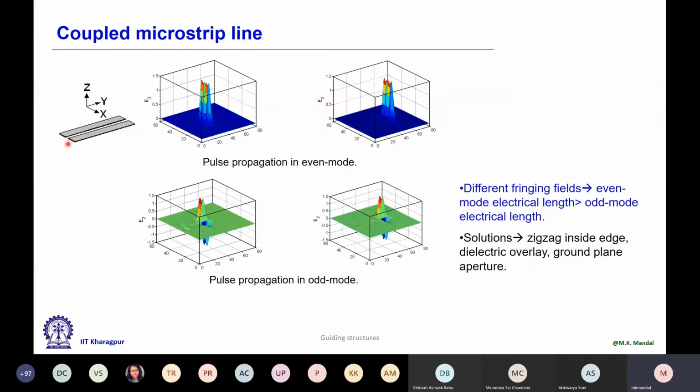At t equal to 0, the Gaussian pulse peaks here at the RF source end, and as time progresses, it travels and propagates in the Y direction. After some time, when the pulse location is exactly at the middle, this is the plot in even mode.